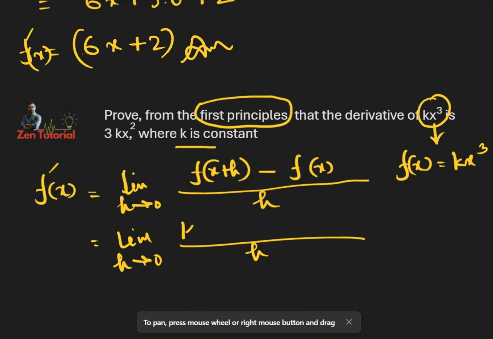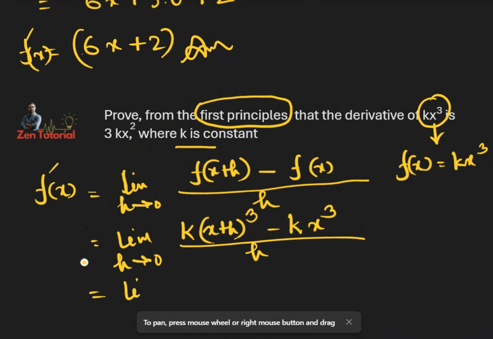So we have to plug in the value of x plus h. So k times x plus h whole cube minus f of x, meaning kx cube.